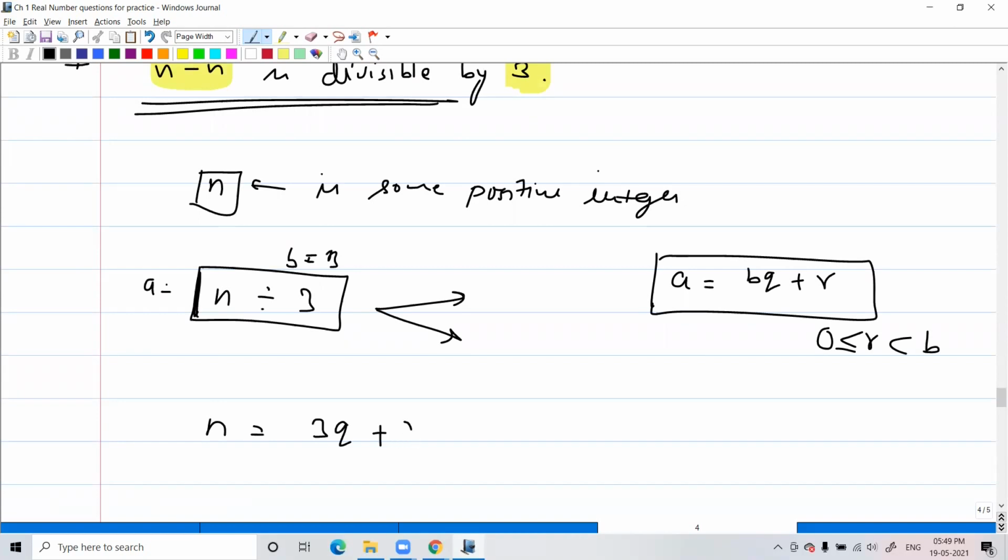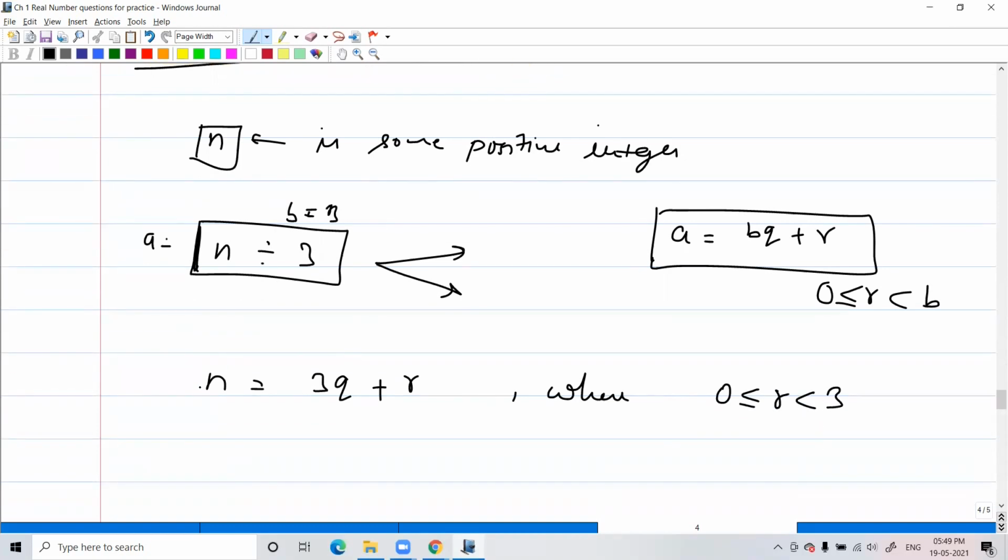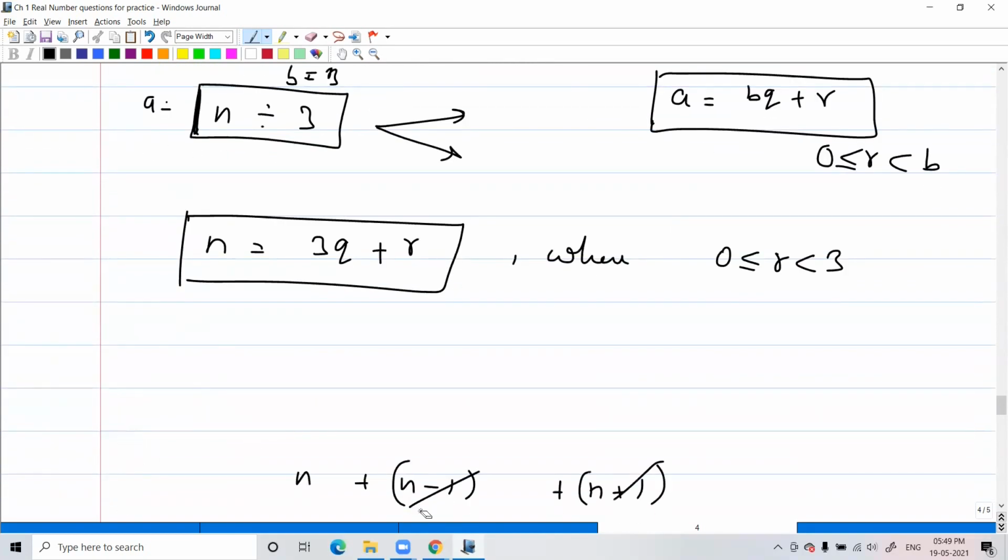Where r is what? What are the values it can take? It has to be greater than or equal to 0, so 0, 1, and 2, and it has to be less than 3. So if I do a division by 3, then n can be represented in 3 different ways. If I had chosen some other number, like a division by 8, there would be 8 ways to represent the number, but I'm doing it with 3 right now.